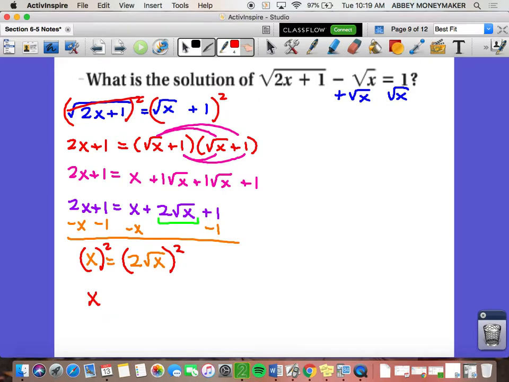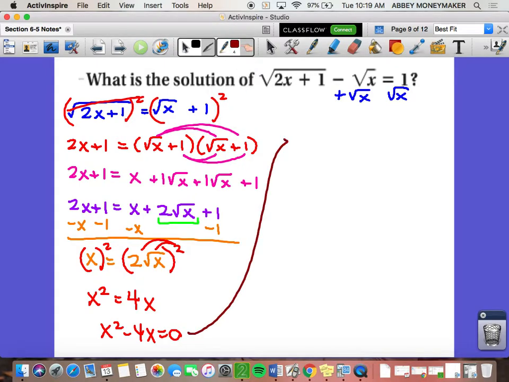So that gives me x squared is equal to 2 squared is 4 times x. The square root of x squared is just x. So let's get that equal to 0. I have x squared minus 4x is equal to 0. I notice there's a GCF of x, so I can take the x out.